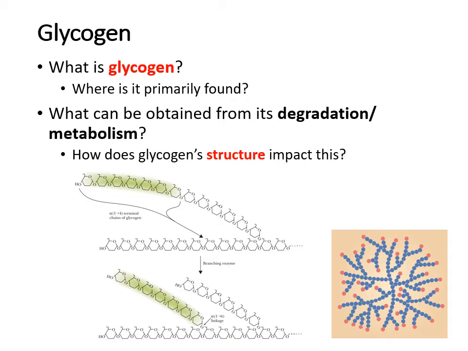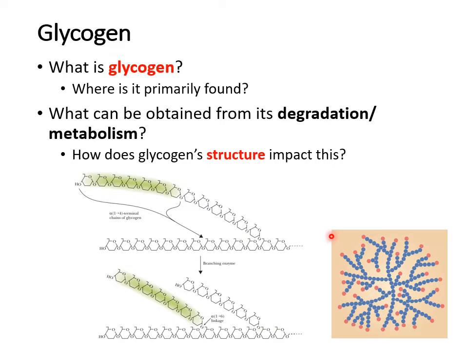Now, glycogen is basically, you can think of it as the stored form of glucose. As you can see in this figure, it's a polymer made up of a bunch of monomers, or you can say a polysaccharide since it's a carbohydrate.